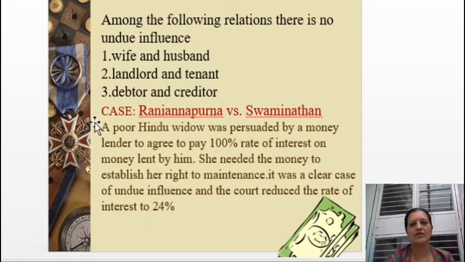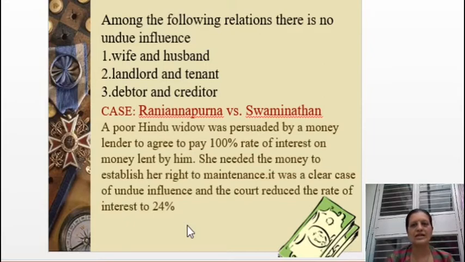In the case of Ranjana Purna versus Swaminathan, a poor Hindu widow was persuaded by a money lender to agree to pay 100% rate of interest on money lent by him. She needed the money to establish her right to maintenance.